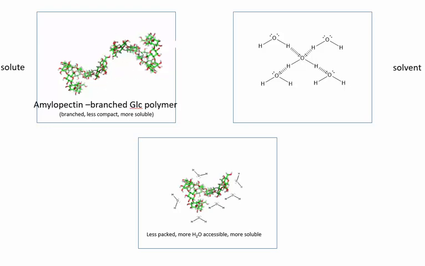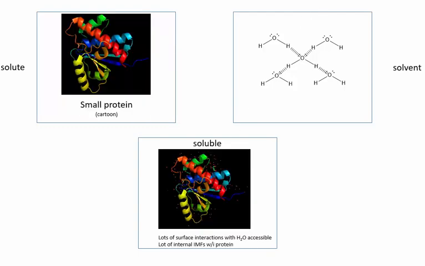The internal hydrogen bonds in this branched glucose polymer are more open to and accessible to water. So in fact, this amylopectin is much more soluble than cellulose. Not hugely soluble, but more. Again, it's less packed, more water accessible, and more water soluble than something like cellulose.